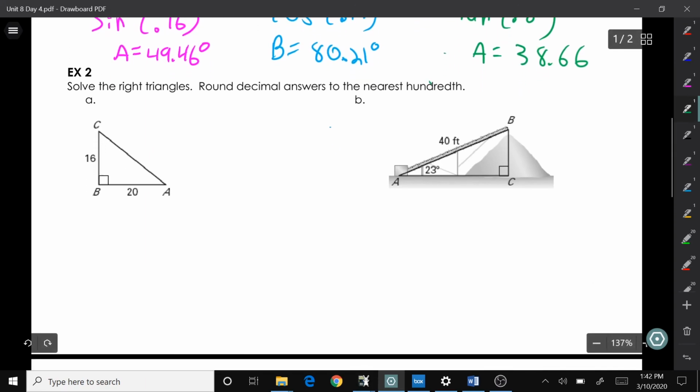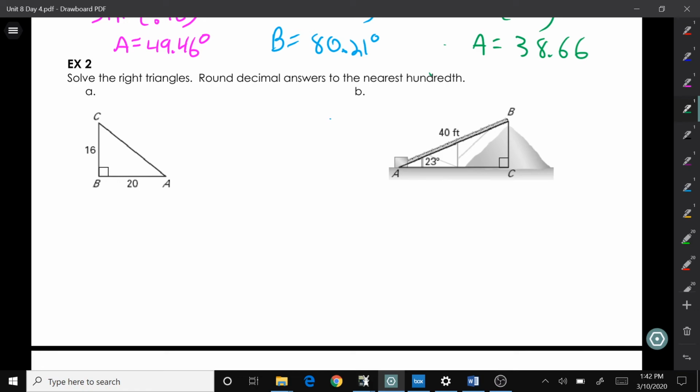Alright, example number 2, we have to look at these side lengths now to figure out the angles. To solve the right triangles, round decimal answers to the nearest hundredth. We have this right triangle where we know that CB is 16, BA is 20. We don't know the measure of angle C, and we don't know the measure of angle A. Let's pick a starting point and start with C. If C is our angle, CA is our hypotenuse, BA is the opposite side, and CB is the adjacent.